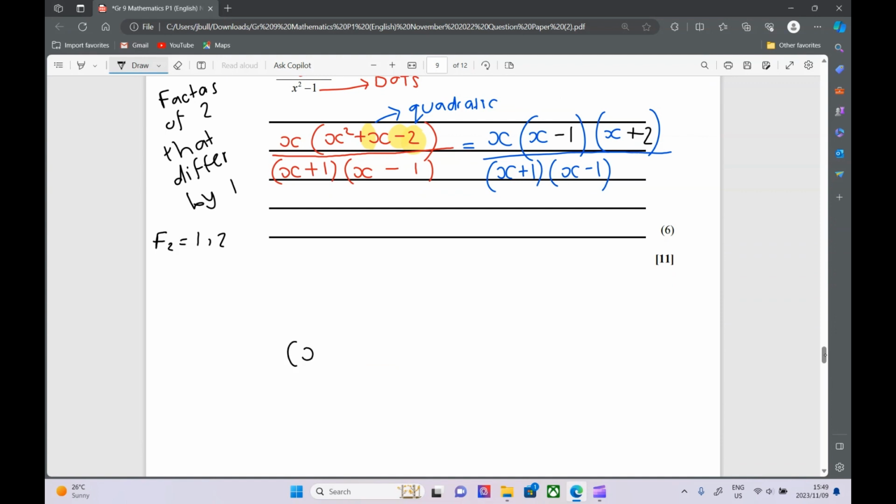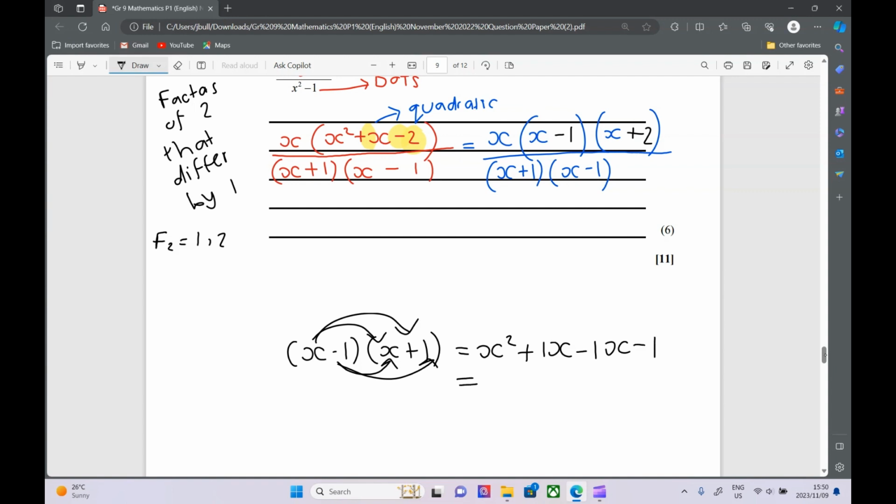So if I have this x minus 1, x plus 1, let's multiply it out using that FOIL again. So x times x is x squared. X times 1 is 1x. Minus 1 times x is minus 1x. And minus 1 times 1 is minus 1.